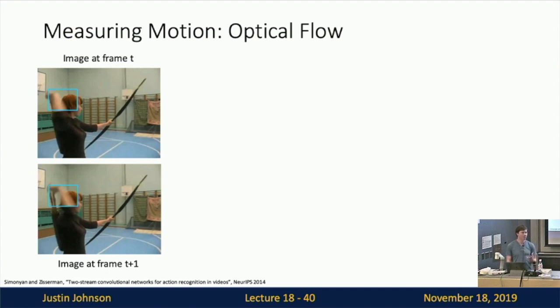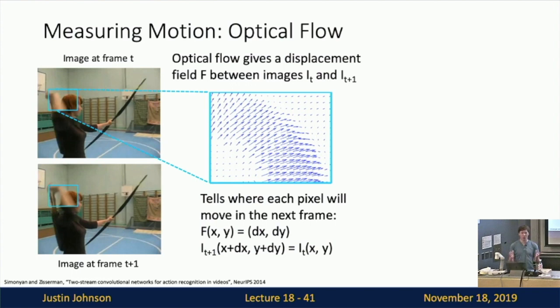One way we often measure motion is using optical flow. Optical flow takes as input a pair of adjacent video frames and computes a flow field, or distortion field, between them. For every pixel in the first frame, it says what is the vector displacement telling where that pixel is going to move in the second frame?